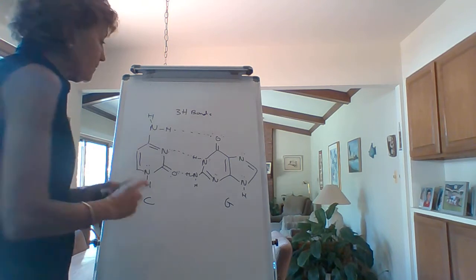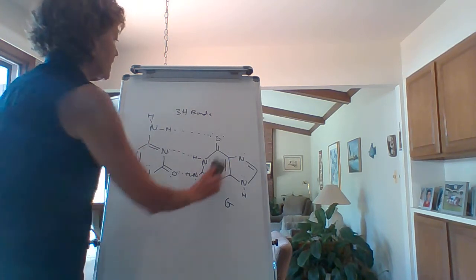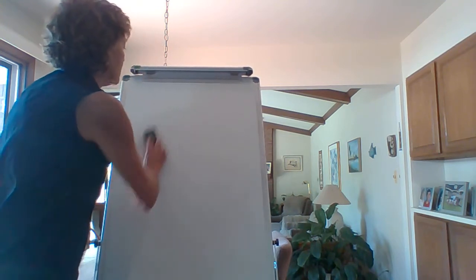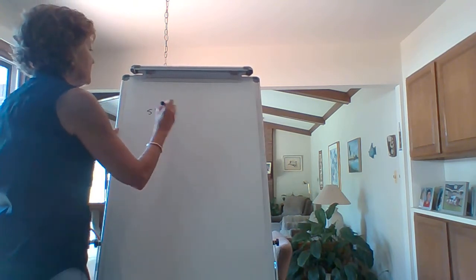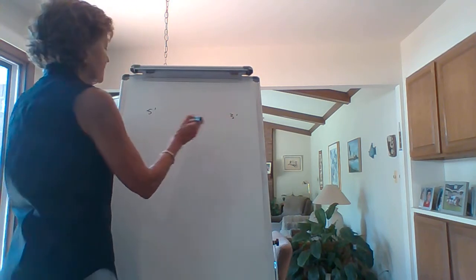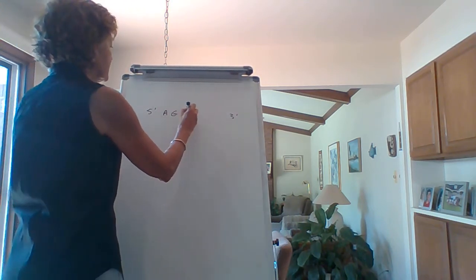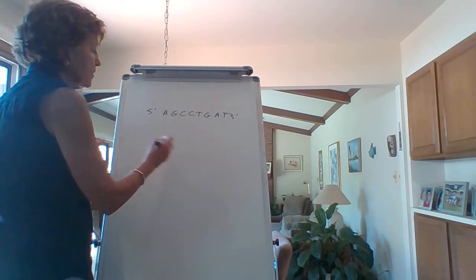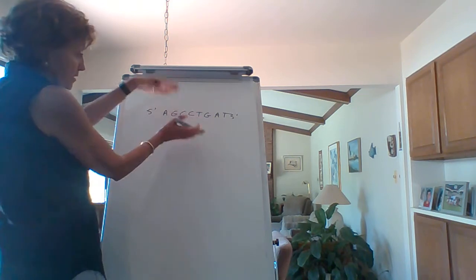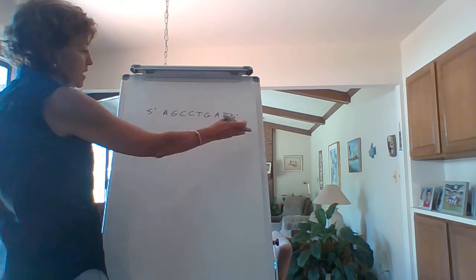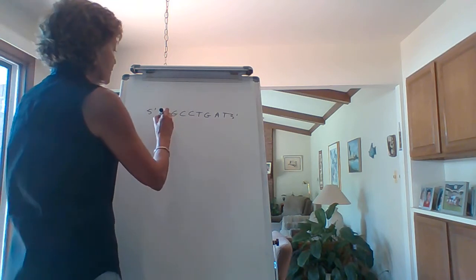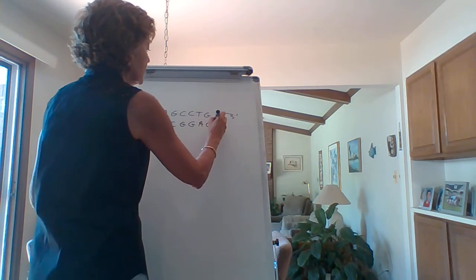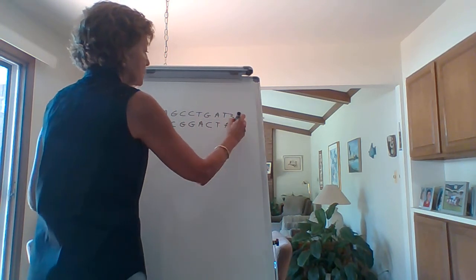Okay? So if you have a stretch of DNA, 5', 3', and let's say the stretch is A, G, C, C, T, G, A, T. On the complementary base pair over here on the second strand, it's going to be T, C, G, G, A, C, T, A. And then it goes in the opposite direction.